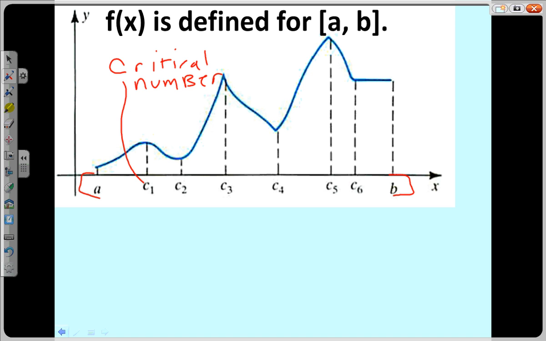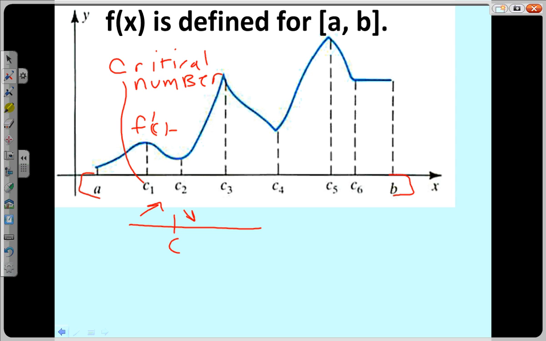What defines a critical number? Take a look at what's happening at C for this graph. It changes from going up to going down. So at C, the function is going up and then going down, so that's going to be a local max. Is that the biggest y value there is? No. But here the derivative will equal 0.